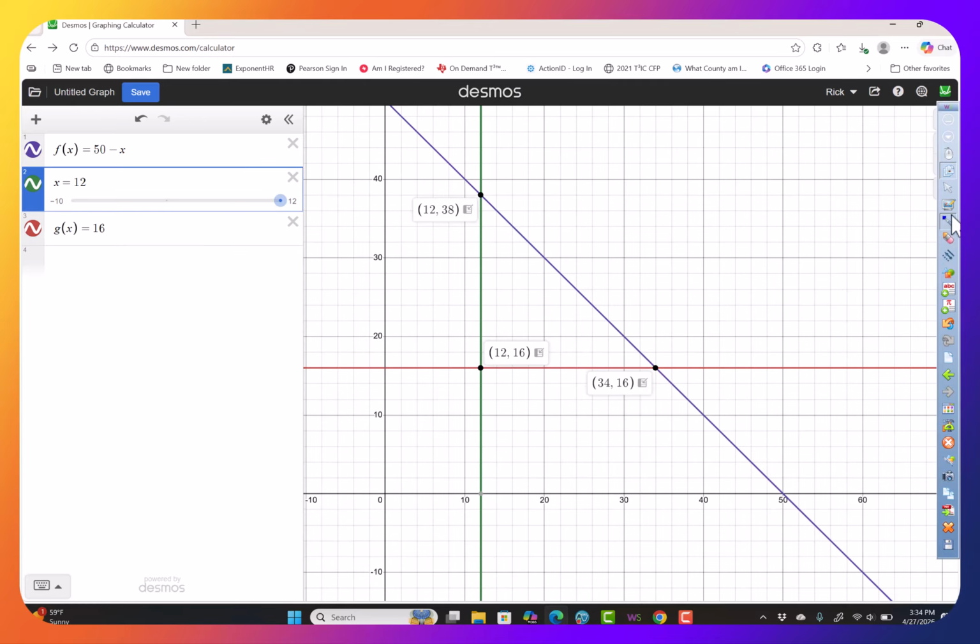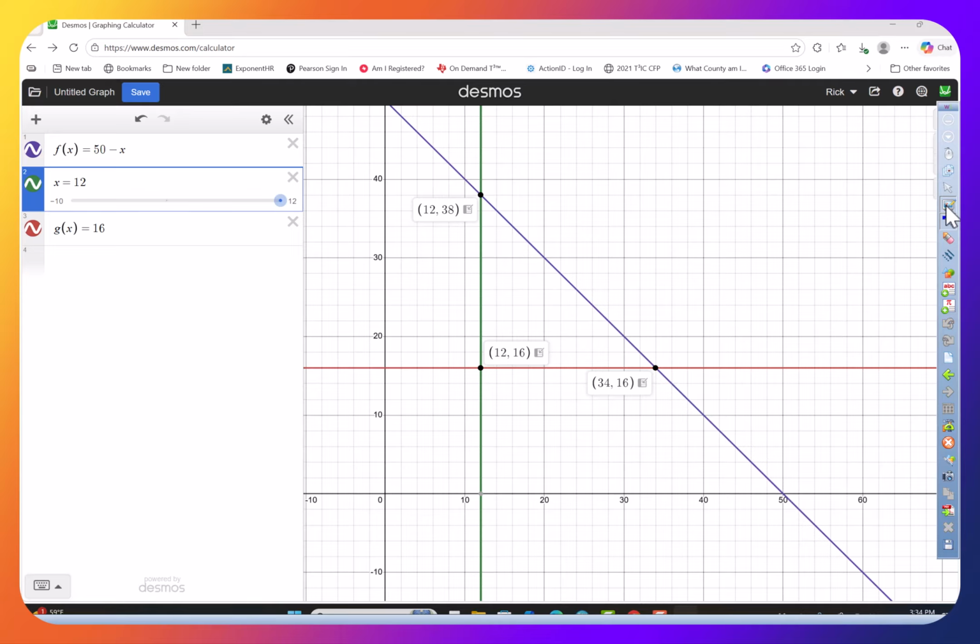Then the shading should be greater than or equal to 12, greater than or equal to 16, and then less than or equal to the horizontal line. And that concludes this video.